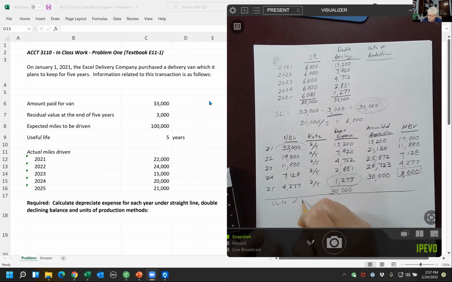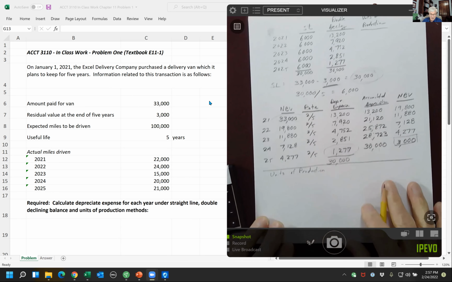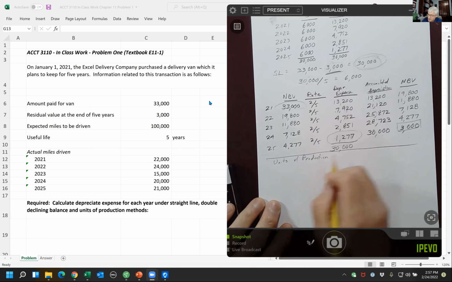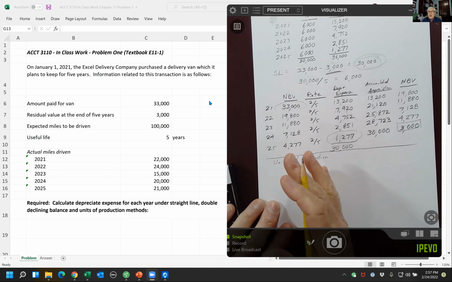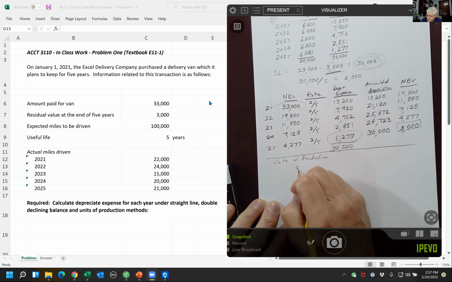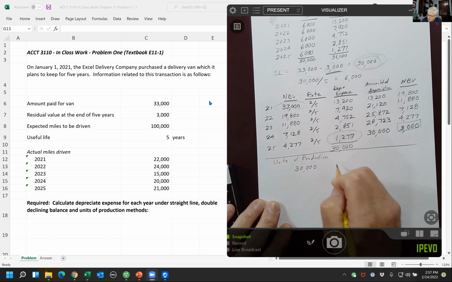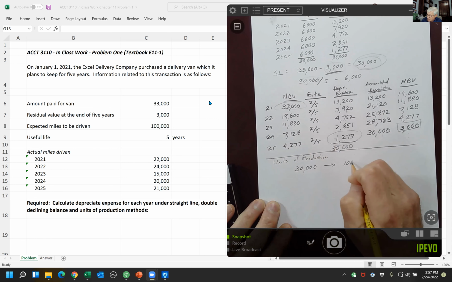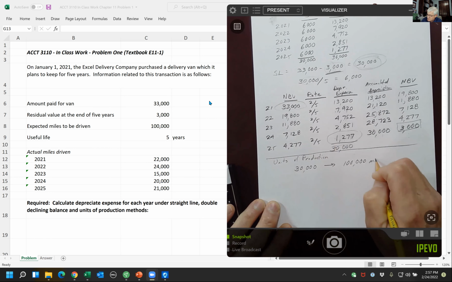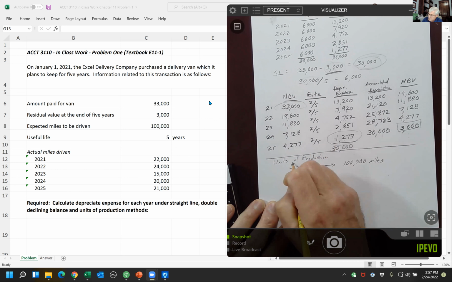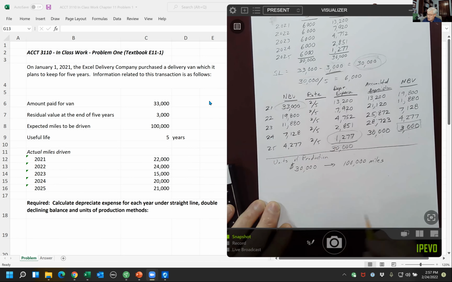All right. Units of production. So again, here we do account for the residual value, 33,000 minus 3,000. We've got a $30,000 cost for 100,000 miles. So how much is each mile costing us?